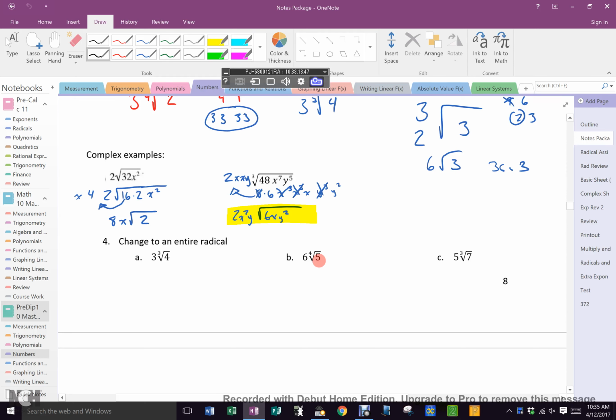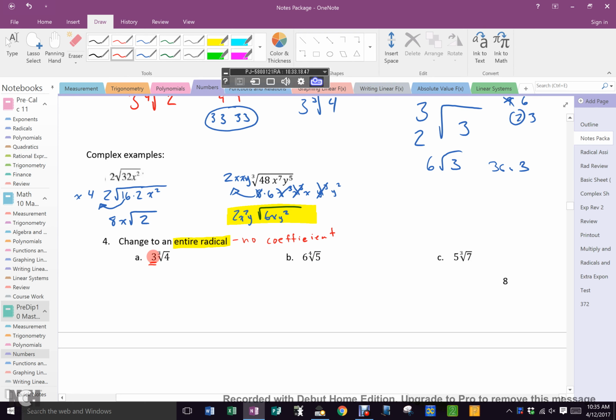All right. So now we're going backwards this time. We want an entire radical. Entire radical means no coefficient. Right there's the coefficient, yes?